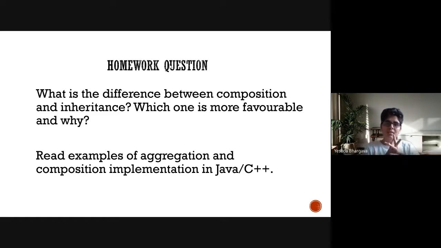Then you can understand not only how to identify the association between classes, but how to transport that association and theoretical term into the coding environment. So spend some time working on these important homework questions.